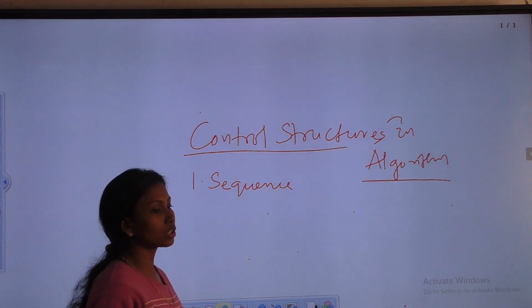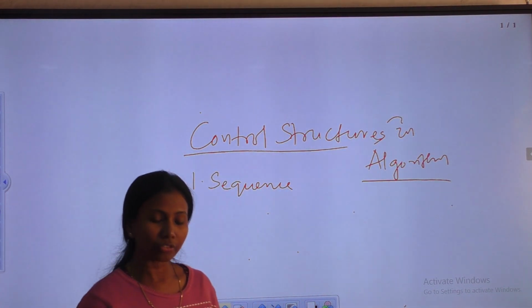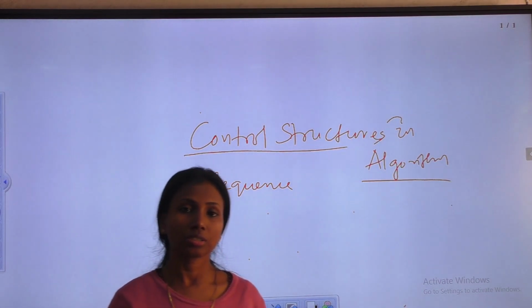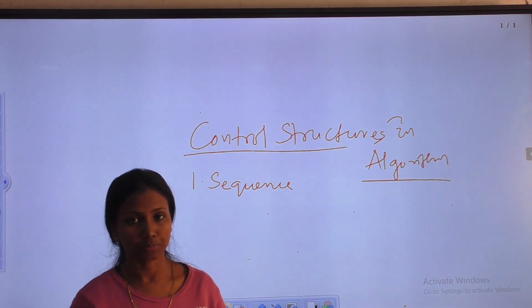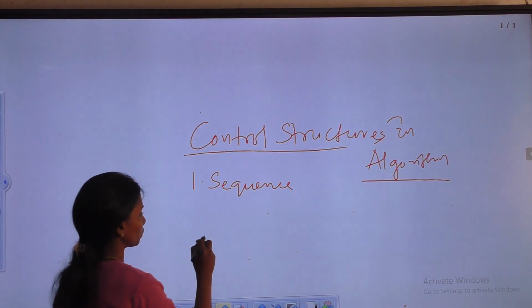Suppose I want to say whether a number is even or odd. The number which is divisible by 2 is an even number, and if it is not divisible by 2, then it is an odd number. So the first thing is divisibility by 2.